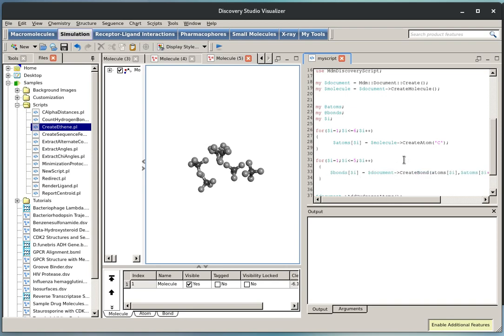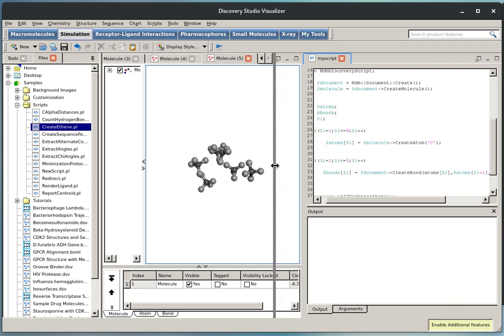And then you'll notice that of course we only need to create 5 bonds. The first time it goes through, it creates the first bond, then it creates the second, all to the 5th bond. But when it creates the bond, what atoms does it bond together? Well, when I is 1, it bonds atom 1 to atom 1 plus 1, it bonds atom 1 to atom 2.